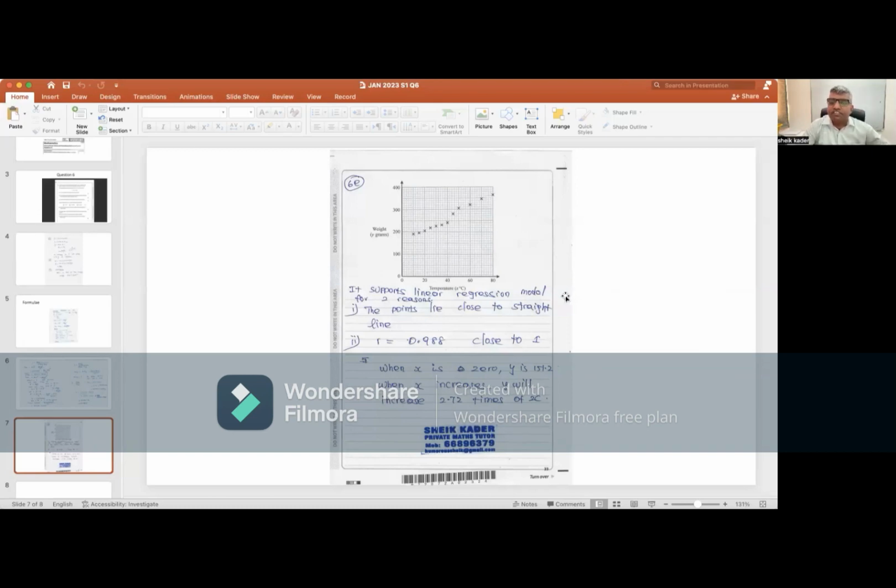It supports the linear regression model for 2 reasons. The points lie close to the straight line. The second is r equal to 0.988, close to 1. So it supports the linear regression model. When x is 0, y is 151.2. When x increases, y will increase by 2.72 times x.